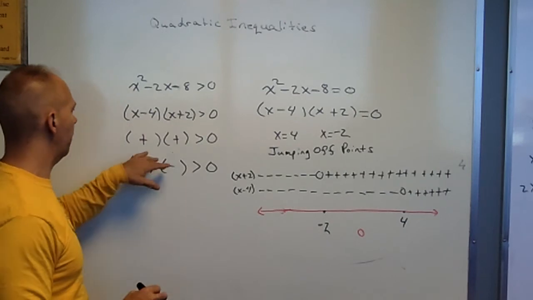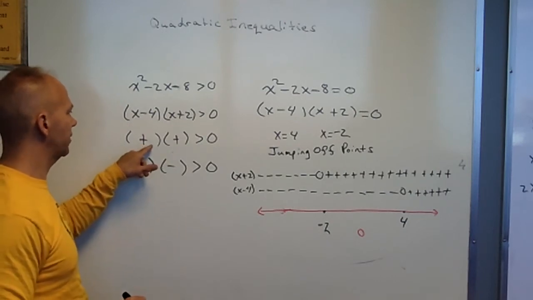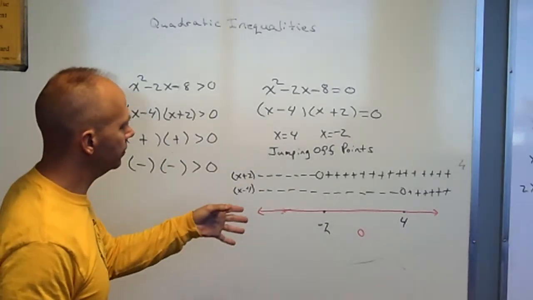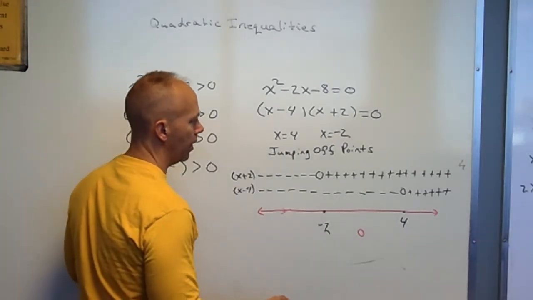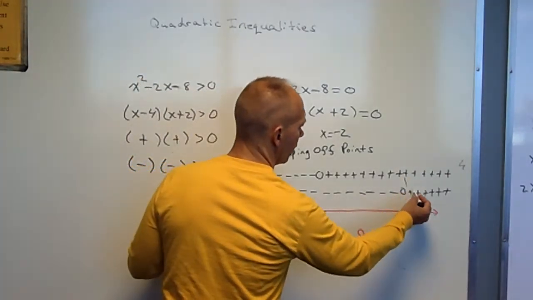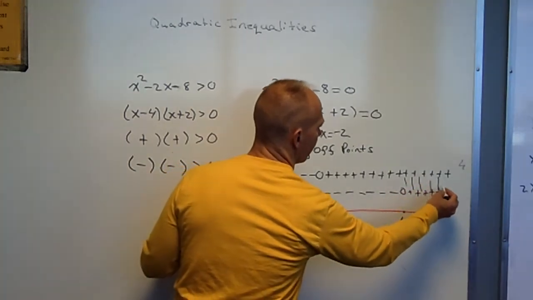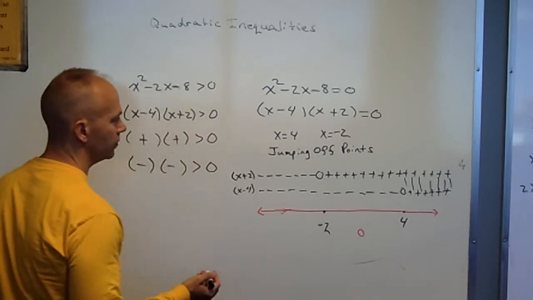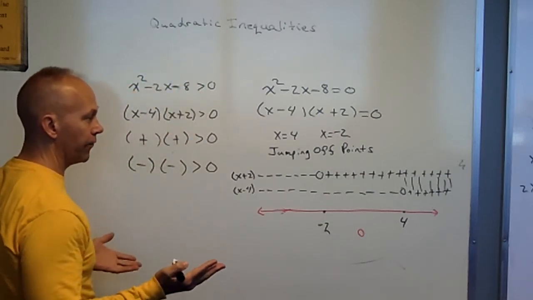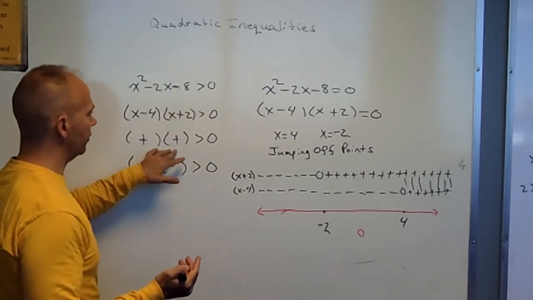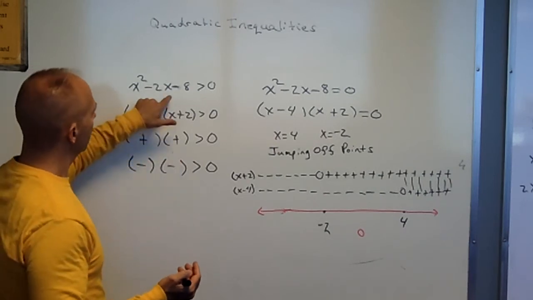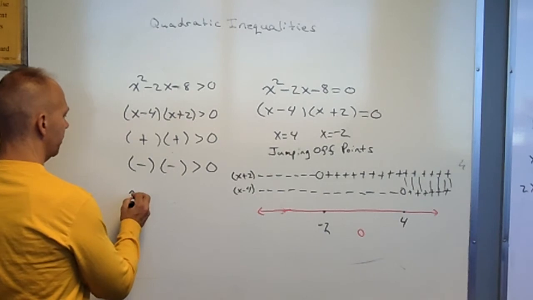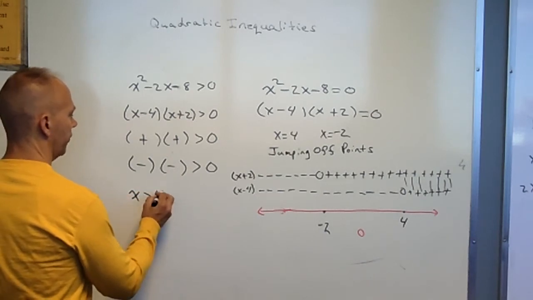Why am I looking at that? Well, I'm interested in examining where they are both positive. By looking at my picture here, where are they both positive? Well, out here to the right of 4. So if I choose any value greater than 4, both of those factors will be positive. This inequality will be true. So one of my solution sets is x greater than 4.